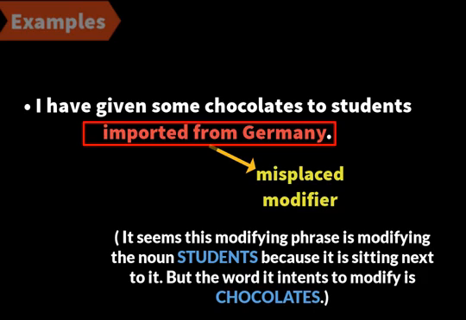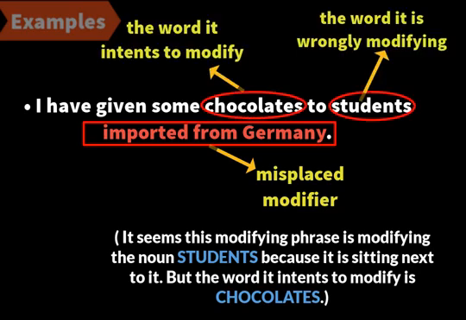But the literal meaning of the sentence is I've given some chocolates to students who have been imported from Germany. Students imported from Germany, which is not the case as you can clearly see. But the sentence is written in a way that makes us believe that these students have been imported from Germany, which is not the case. So we have a misplaced modifier here, which is actually a participle phrase, imported from Germany, right?